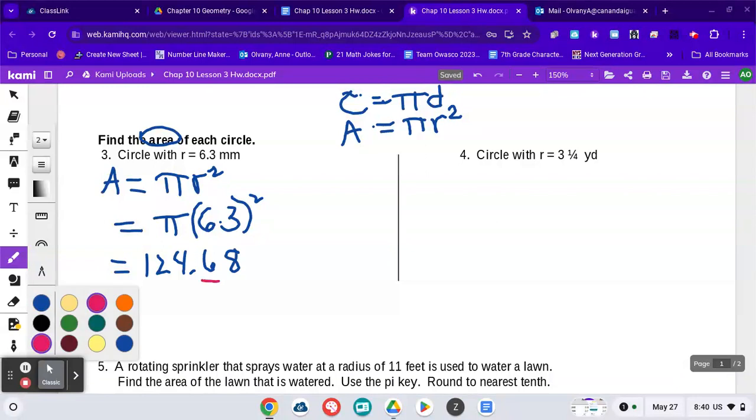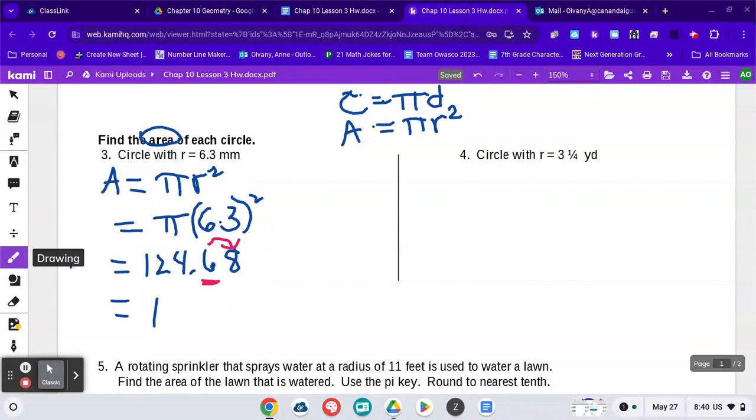My tenths place is right after the decimal. And the number next to it tells me that I'm going to round up. This becomes 124.7. You can say millimeters squared, or another way to write it would be square millimeters. Your choice how you write that.